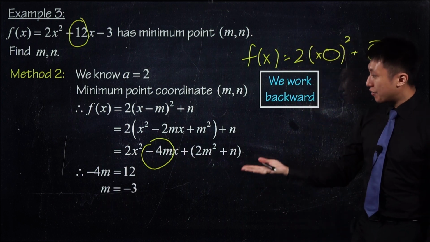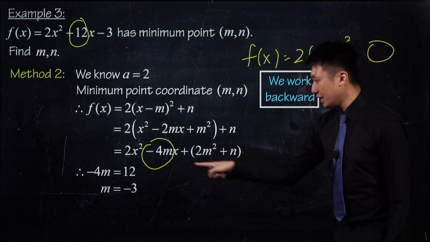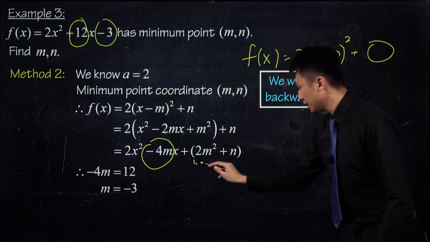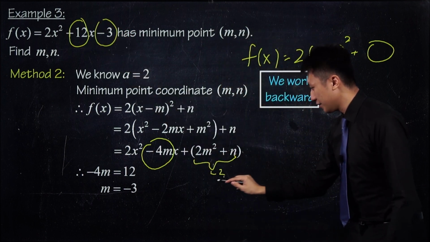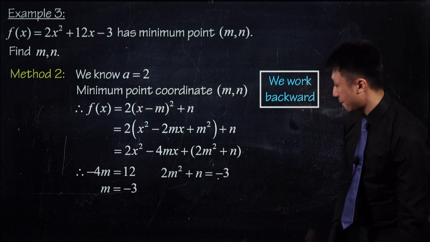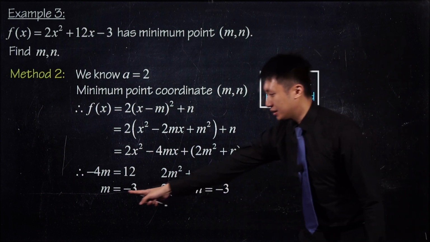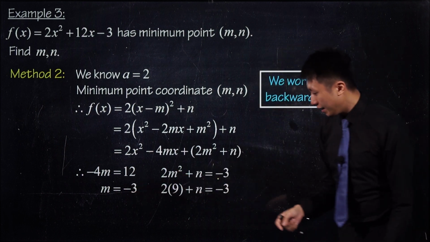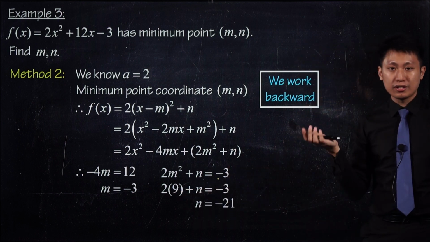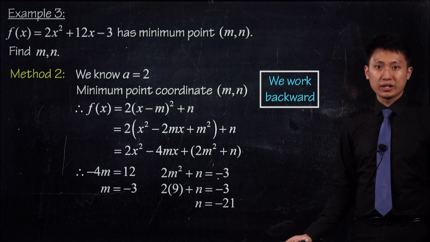If you know that already, then you plug this into here, and this whole thing will be equal to negative 3. Alright, so 2 times 9, because you substituted it in already, then you move the things over to the other side, and hence n is equal to negative 21. So it's the same answer as the previous working.